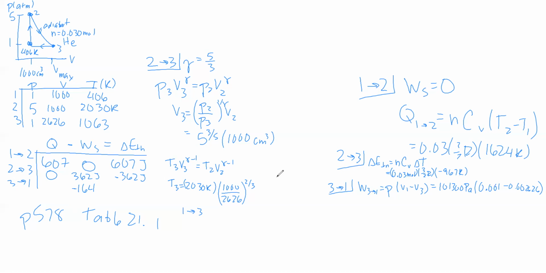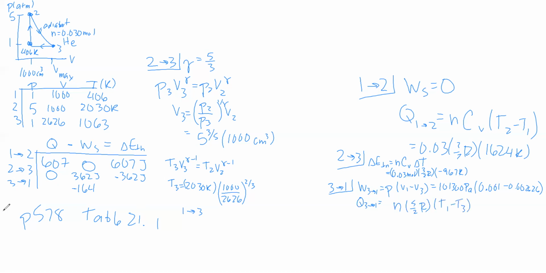In doing the heat from 3 to 1, I'll do it right below here, heat from 3 to 1. Now we use the constant pressure specific heat. And doing that, we're going to get number of moles times now 5 halves R, because it's a constant pressure process, monatomic, times the change in temperatures, T1 minus T3.